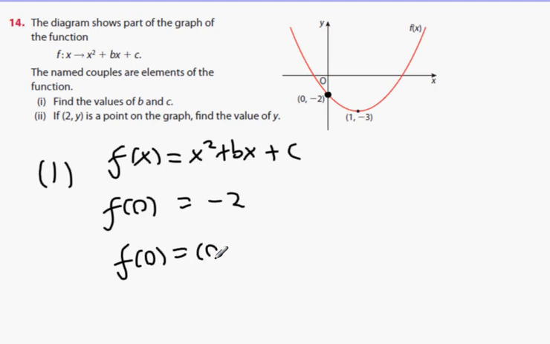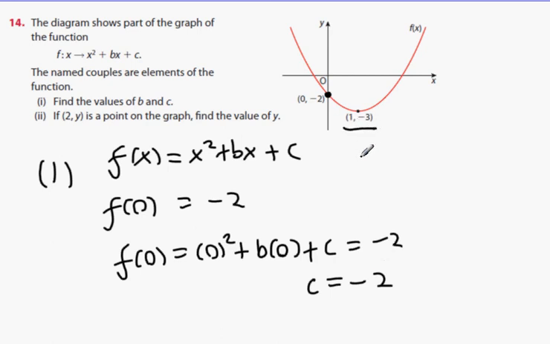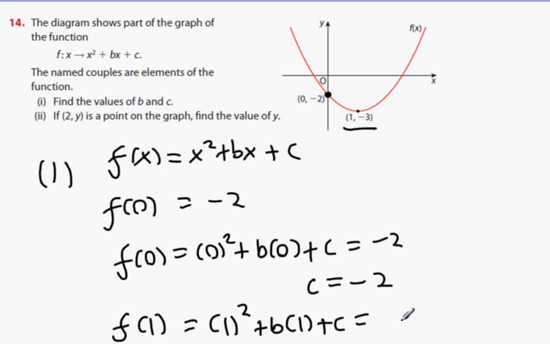0 squared plus b times 0 plus c. C therefore is equal to minus 2. What about this one here? 1, minus 3. How do you find this one? F of 1. Replace x's with 1's. 1 squared plus b times 1 plus c equals minus 3, yeah?